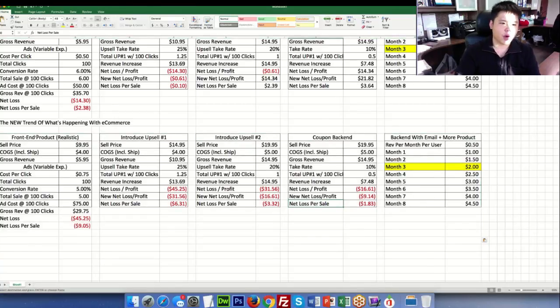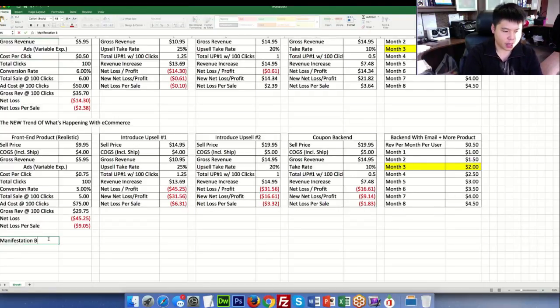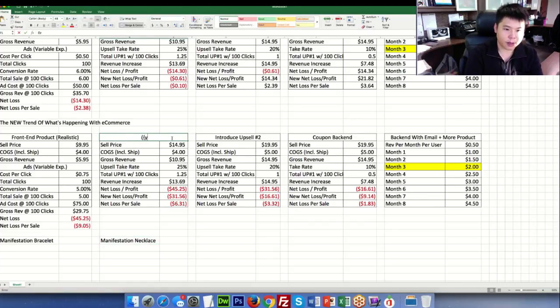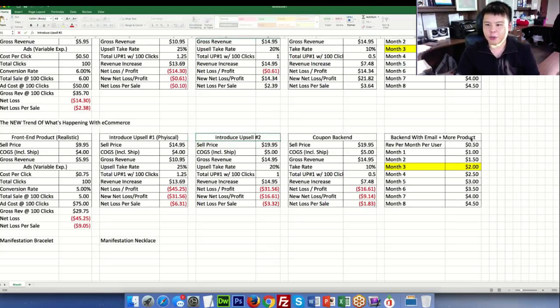When you are running this product over here, let's say you're selling a manifestation bracelet, and your first upsell is going to be a manifestation necklace. So these are still physical products, and I'm just going to call it physical. Now, upsell number 2, you should be selling a physical product.